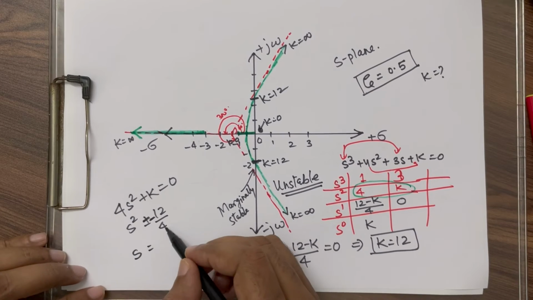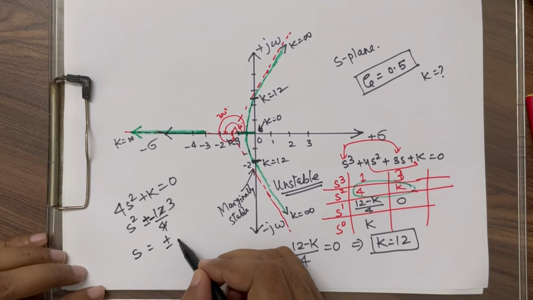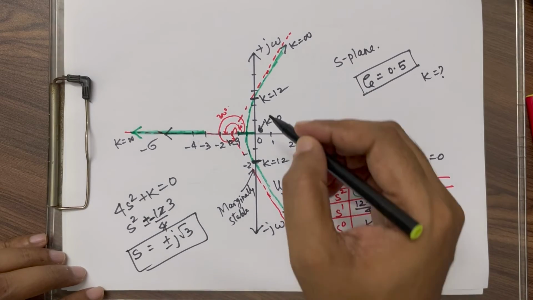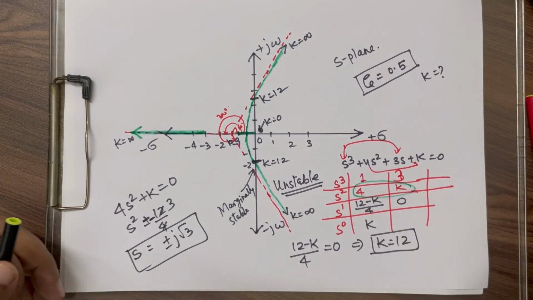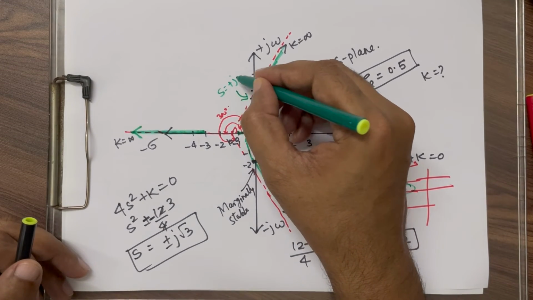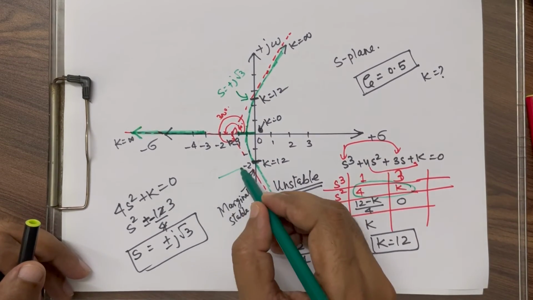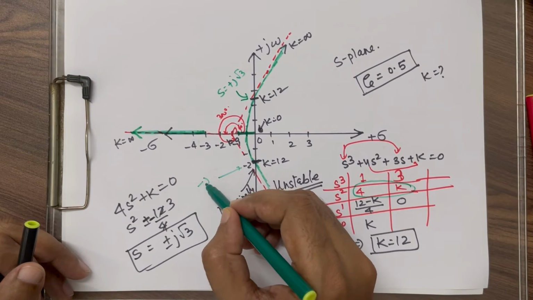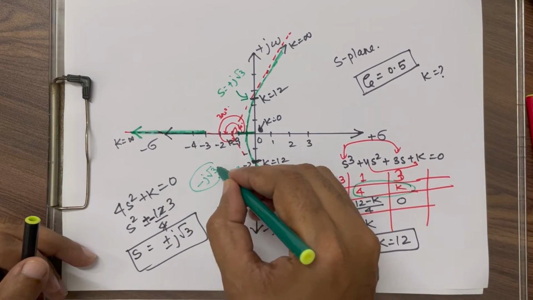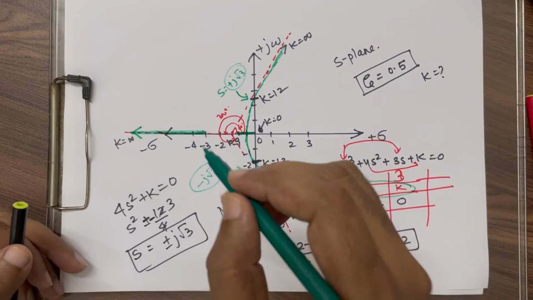So s is equal to plus minus j root 3. So you can see at k equal to 12, what will be the corresponding value of s? S will be plus j root 3, and here it will be minus j root 3. So these are the values for the marginal stability.